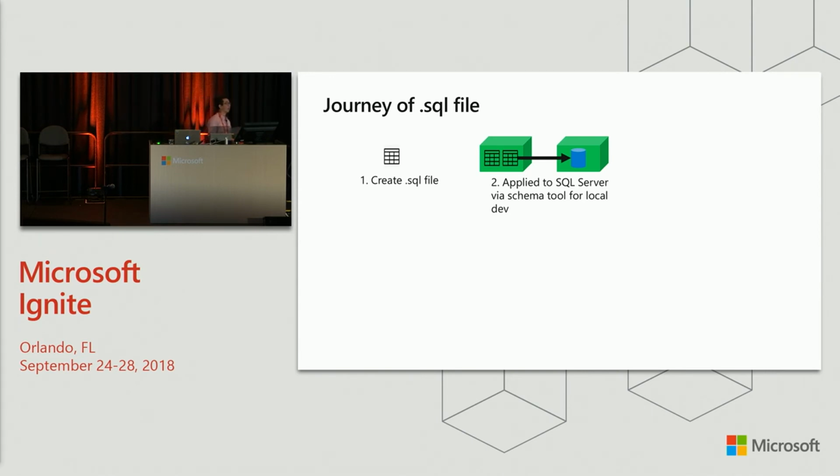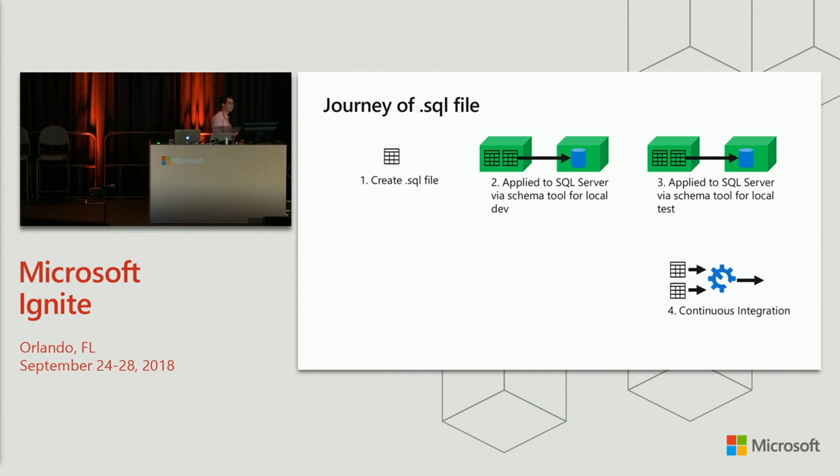Third, I was able to apply this SQL Server with a schema tool to my local test environment, very similar to how I did it for my application development environment. Then I pushed this change, and I pushed my code into GitHub, which triggered a continuous integration process. And my last step is I packaged this into a container.